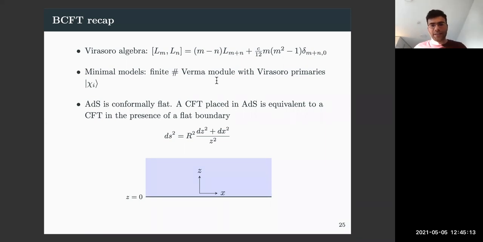An important fact is that AdS is conformally flat, as you can see here in the Poincare metric: up to this y factor, the metric is flat. You have the boundary at y equal to 0. And then if you put a CFT in AdS, it's equivalent to a CFT in the presence of a flat boundary.